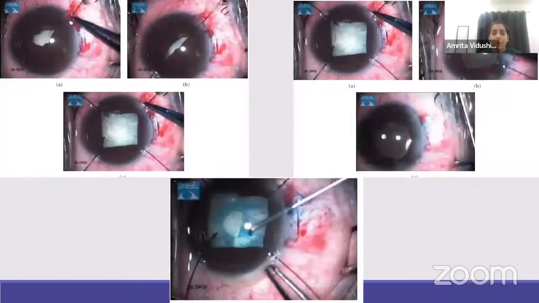These are a couple of pictures from the article showing how the pupillary expanders are used. They also mentioned that the capsulorhexis should be kept well within the visibility range so that there is no chance of complications from capsulorhexis management during the surgery.